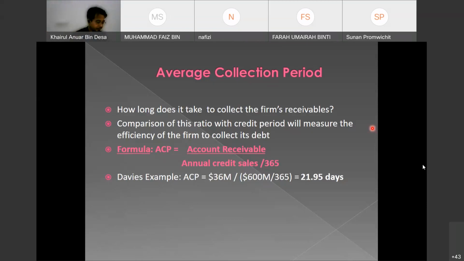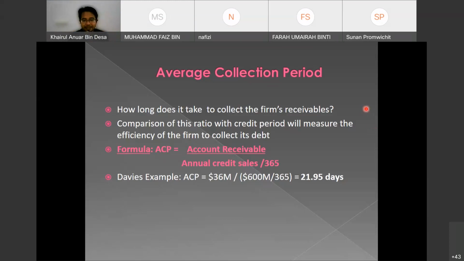Boleh, sir. Okay. Apabila credit sales happen, account receivable akan wujud di dalam syarikat kita. And this ACP will test us how effective our company is to collect the debt.